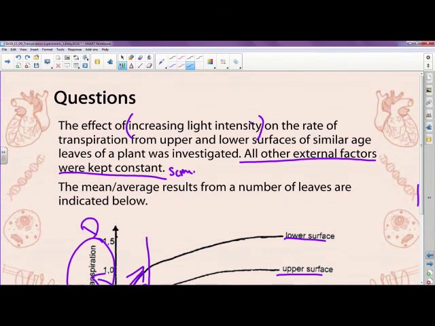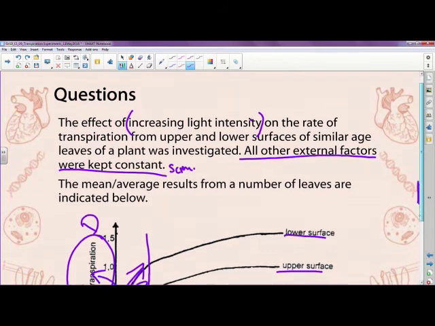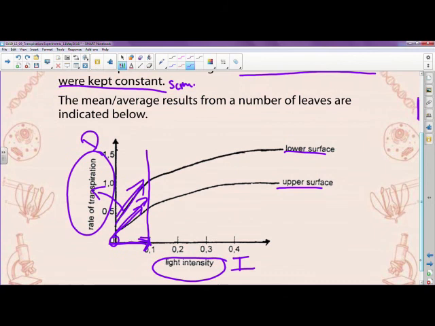First of all, we have to look at the upper surface. What did you notice? They're asking you to describe what is happening. And you should have noticed that the upper surface starts to level off.